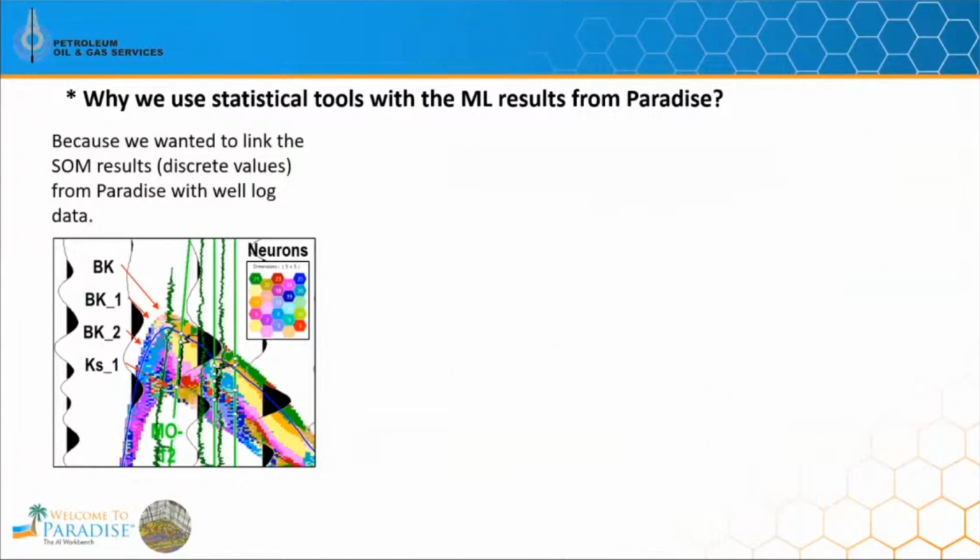We have a question: why do we use statistical tools with the machine learning results that came from Paradise? Because we wanted to link the SOM results, which are discrete values, and compare them with the well-logged data.